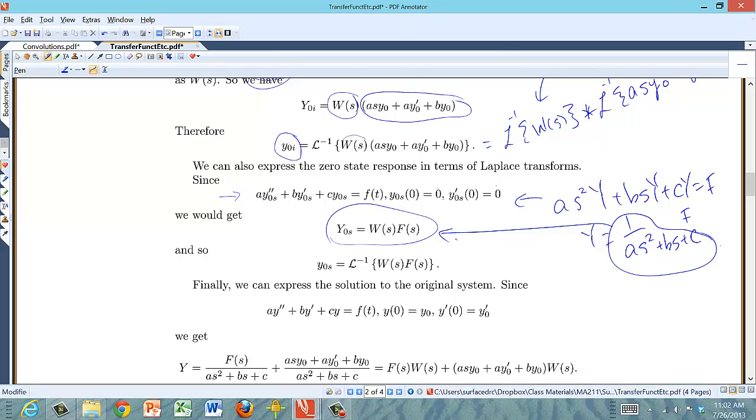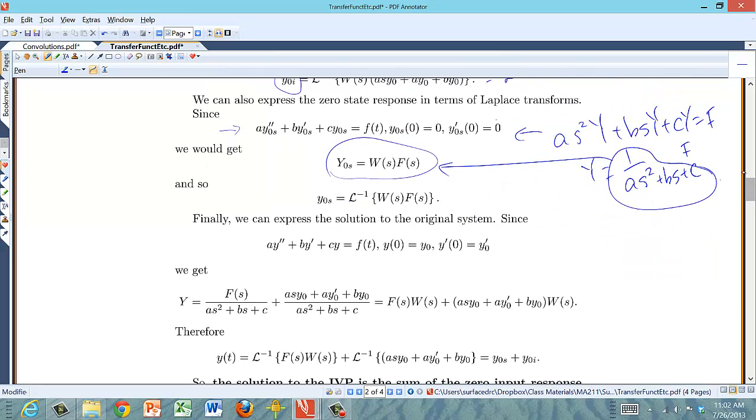If I inverse Laplace transform everything, the zero state response is the inverse Laplace transform of the transfer function times capital F. Again, if I wanted, I could write this as the inverse Laplace transform of the transfer function convolved with the inverse Laplace transform of capital F, which is just little f. I could do it that way, but we don't need to. Okay, great. So what good is all that?